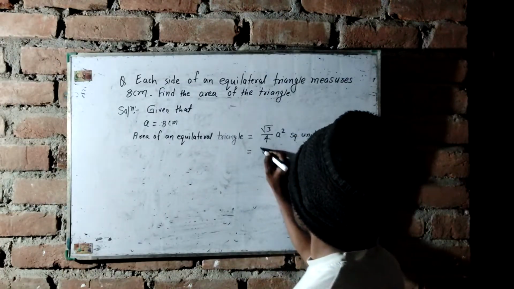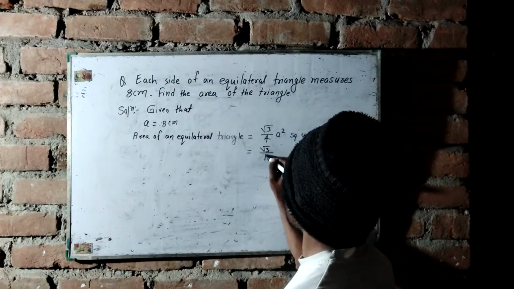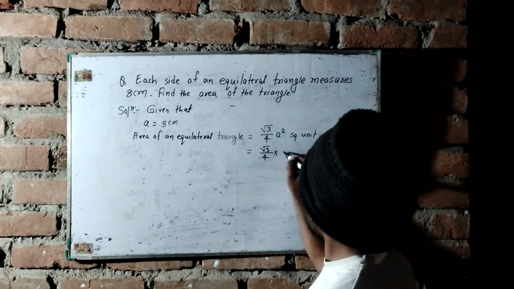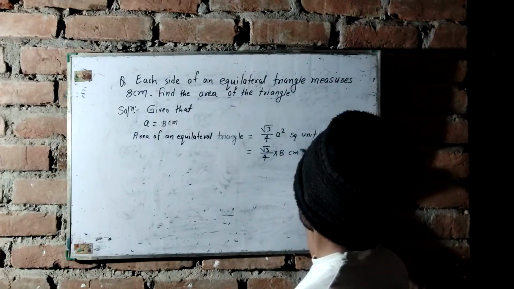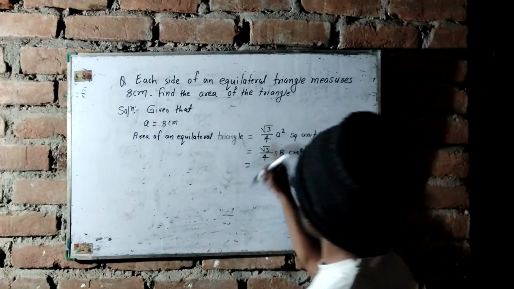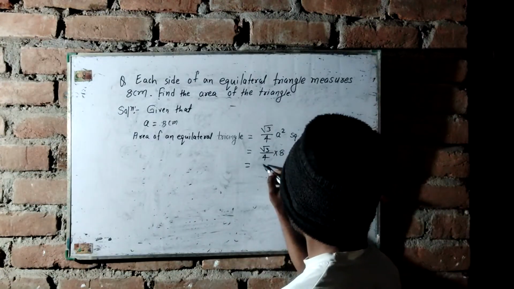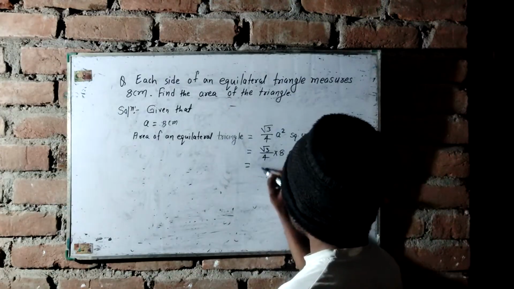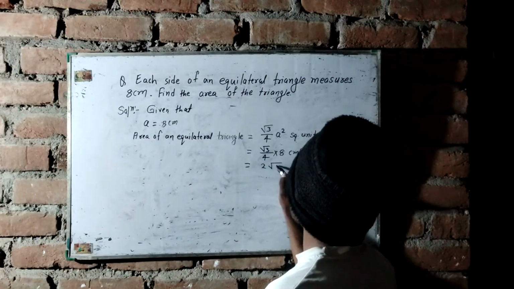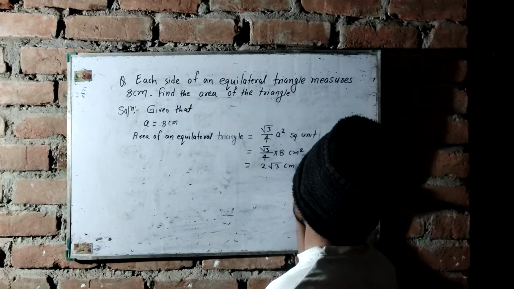So root 3 by 4 into 8 centimeter square. After solving this, we will get 2 root 3 centimeter square.